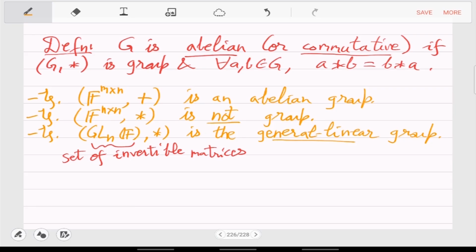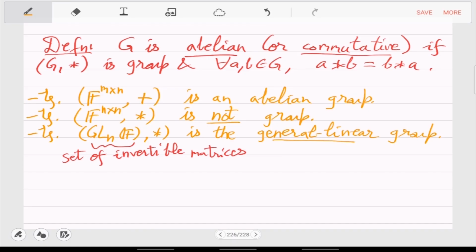Is this abelian? You have learned that A times B, if A and B are matrices, may be different from B times A, right? Are they the same for 2 by 2 matrices, AB equal to BA? So even for n equal to 2, this is not an abelian group. It's only for n equal to 1 that it is abelian.